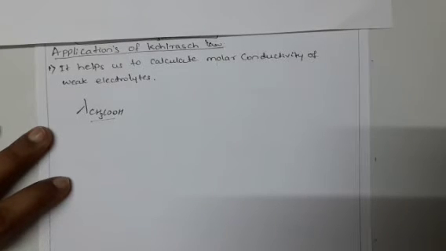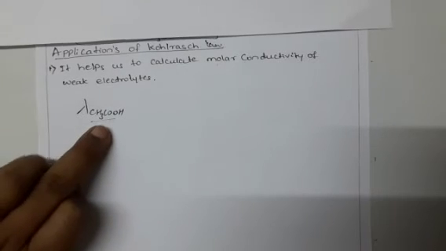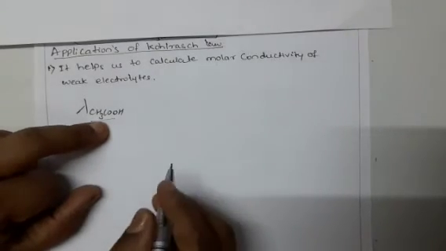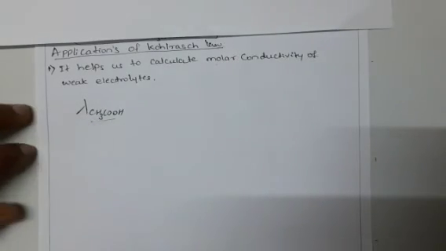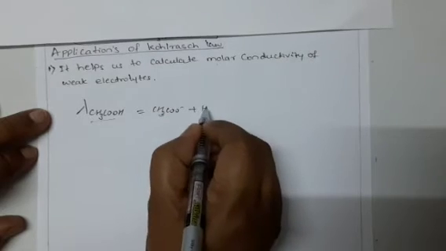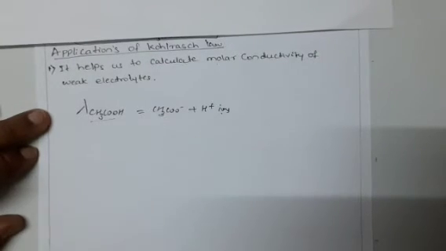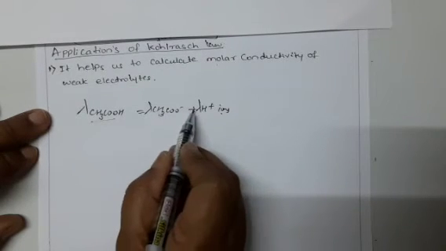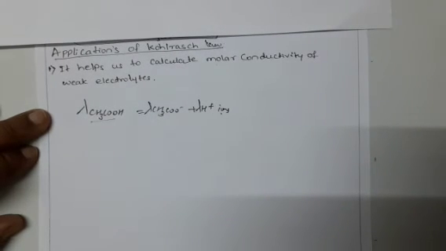So acetic acid here becomes CH3COO minus and H plus ions, lambda CH3COO minus plus lambda H plus.